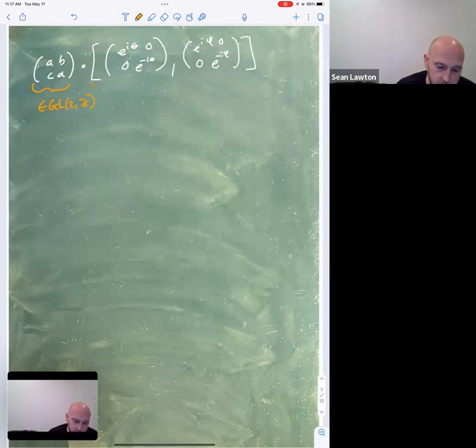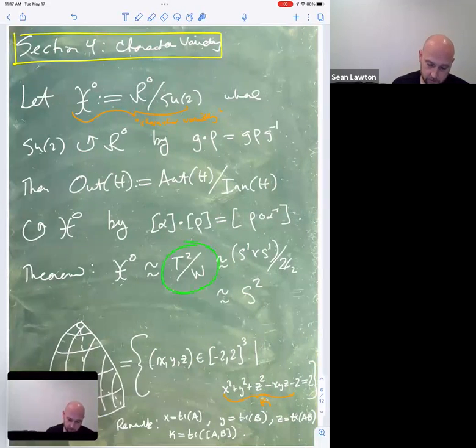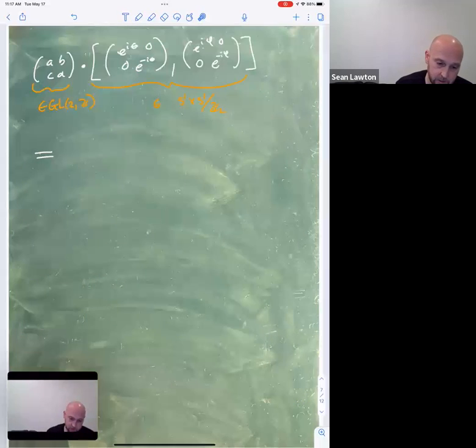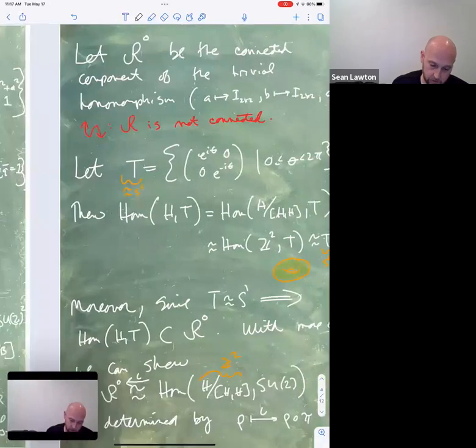Okay, so let me just write it this way. So this is in S1 cross S1 mod C mod 2. Okay. Then how do you produce another element in here? What does the action actually look like? Well, if you remember, we wrote down what the action was very concretely earlier.